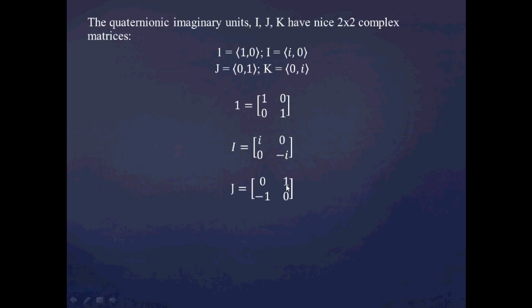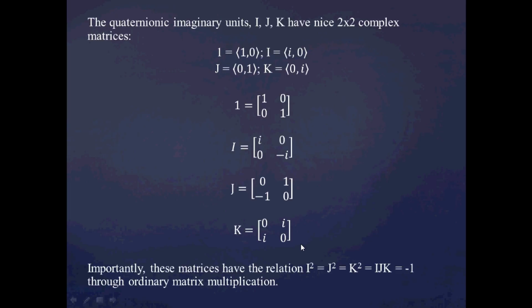That's going to be in the first row there. In the 2-1 position, I take the negative conjugate. That's going to be minus 1 down there. Then I'm going to have 0 down here. So that's your 2x2 matrix for J. Then K, you just repeat the same thing. Put the 0, i in the first row. I have the negative conjugate down here, which is just i. Then the conjugate of 0, which is 0. And that's going to be your 2x2 matrix for K.